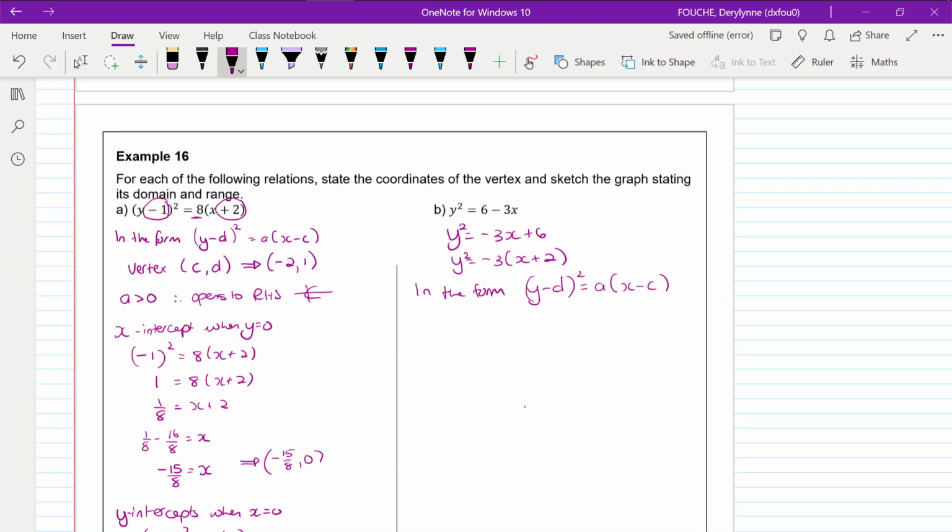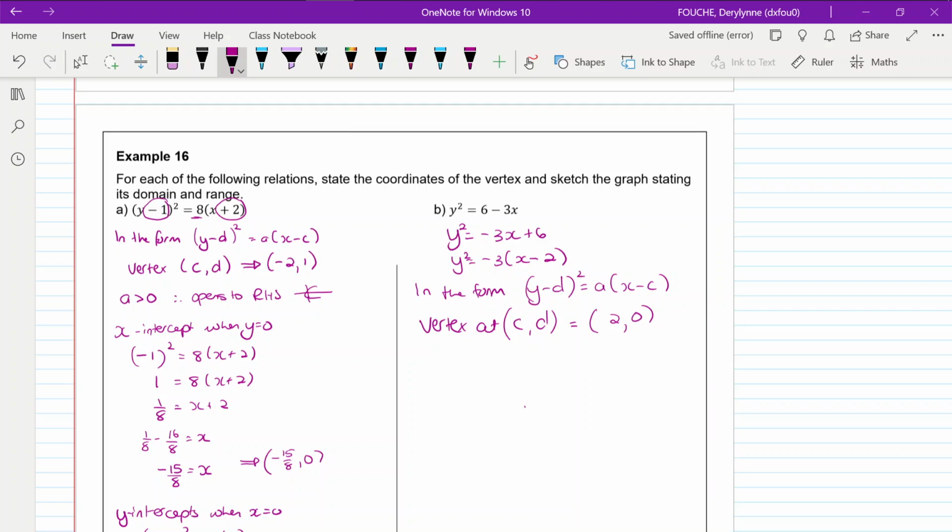That just means that my d is going to be 0. We have a vertex at c and d. Be careful you don't mix those up. I've made a mistake. Careful, when you divide by negative 3, that should be negative 2. Okay, so our vertex is at 2, 0. Be careful when you're factorizing out a negative.